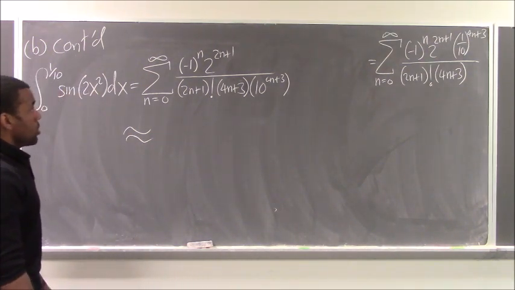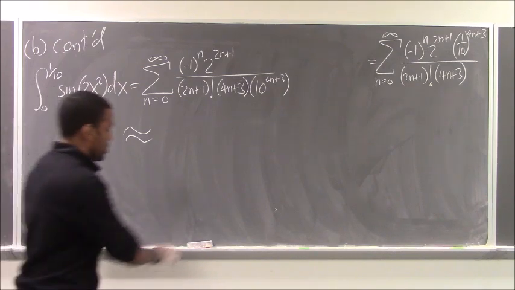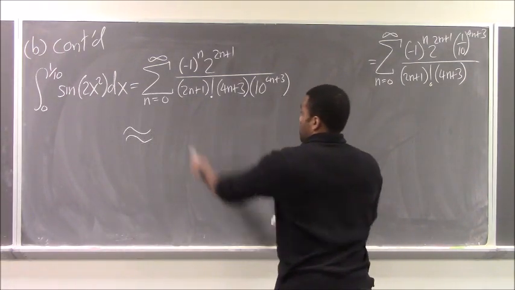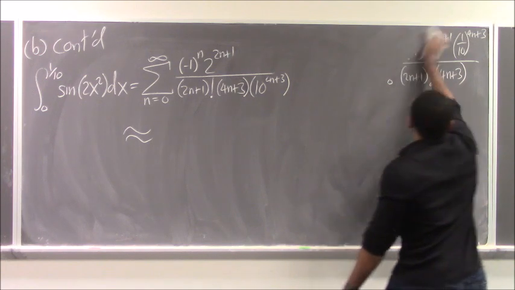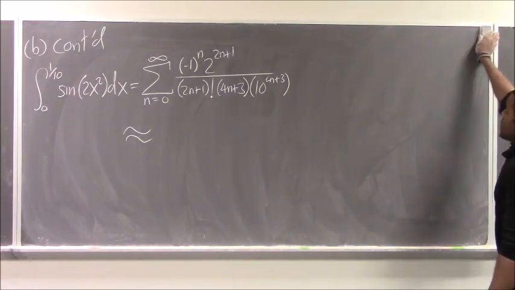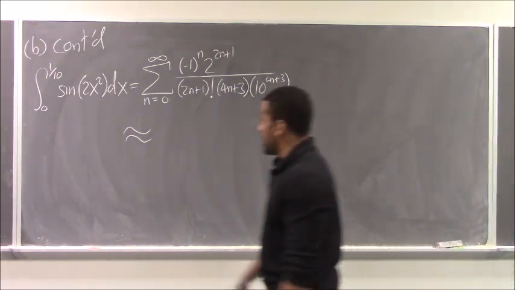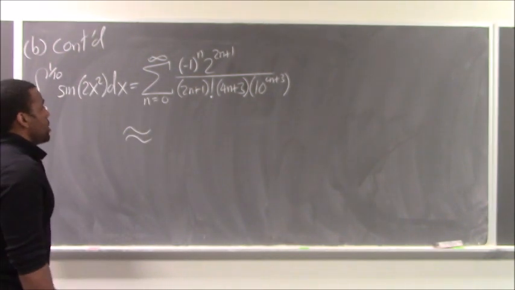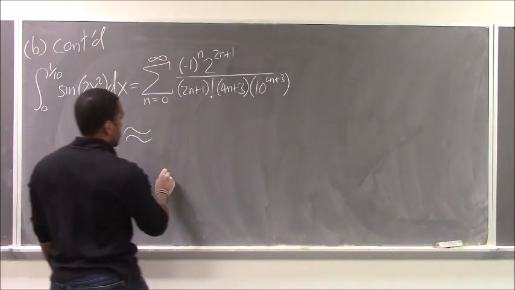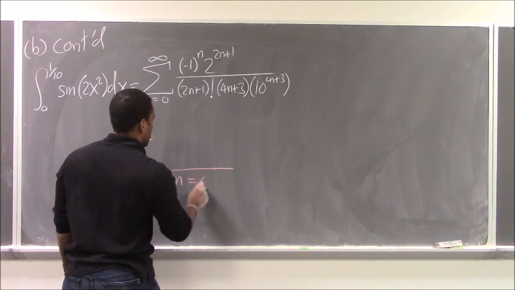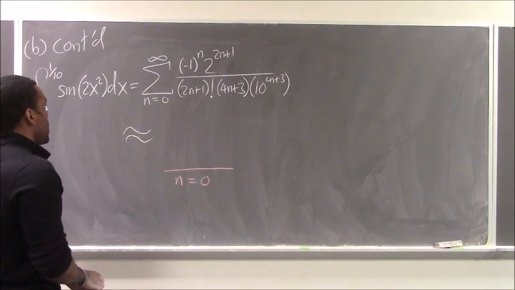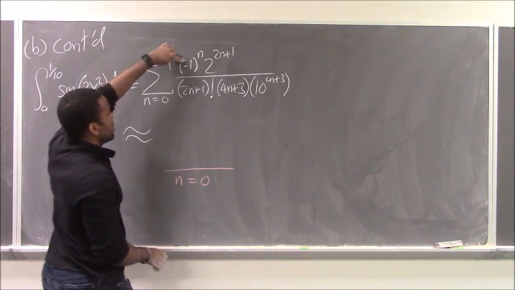Now what we're going to do is approximate this using a finite number of fractions. So I'm just going to plug in some n's. I can plug in n equals 0. If I plug in n equals 0, that's going to give me 1.